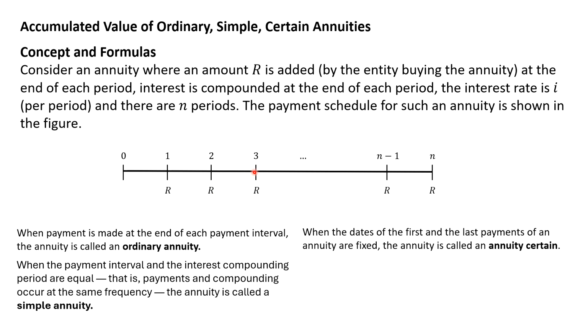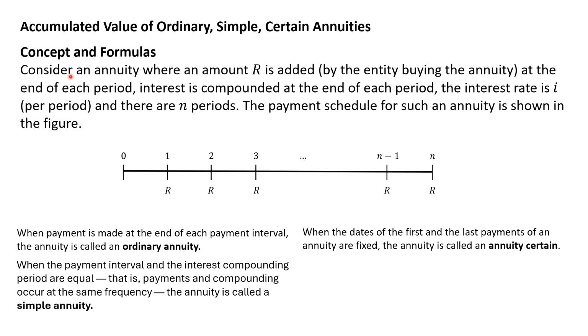Then when you get here, you would do another compounding based on what these two are worth at that point, and so forth. And then it's also an annuity certain because it starts at a particular time, and then it goes on for N periods, which could be months, could be quarters, could be years, whatever, but it's certain.